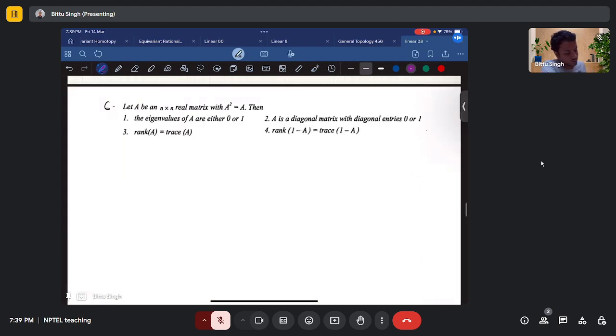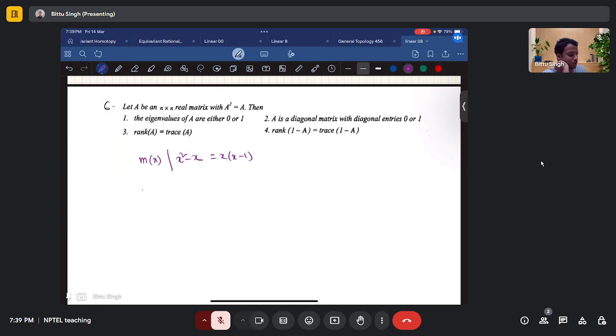Now let us look at question number 6. Here A squared equals A is given, right? Therefore, an annihilating polynomial is x squared minus x. The minimal polynomial divides the annihilating polynomial, so this is the same as x times (x minus 1).